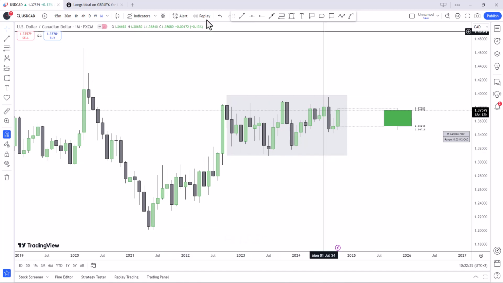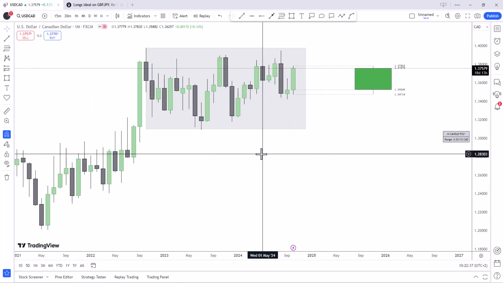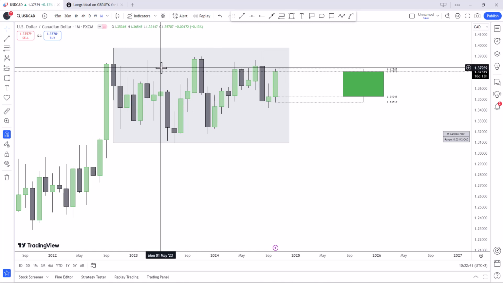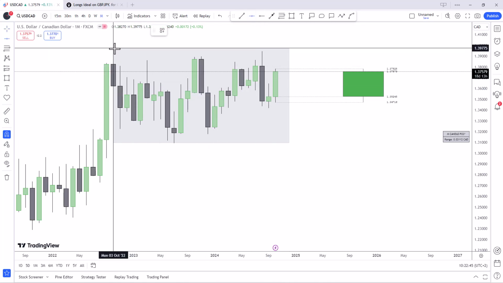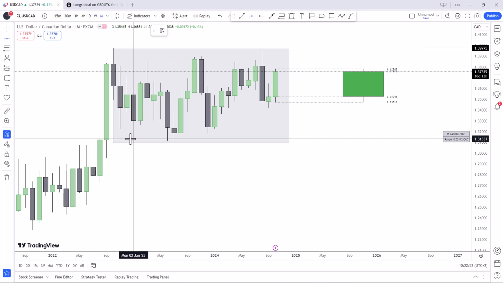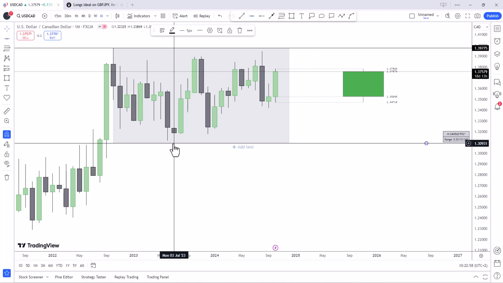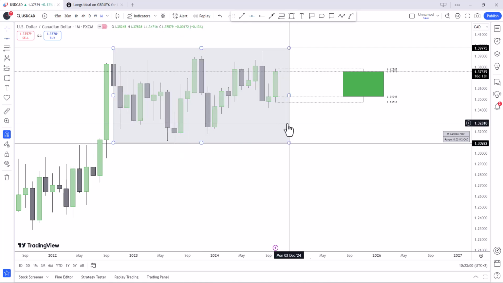So with this range in mind, the range that was created after this uptrend, the market was basically consolidating on the monthly chart. It was consolidating between the high of October 2022 and the low that was formed right here, July 2023, right?